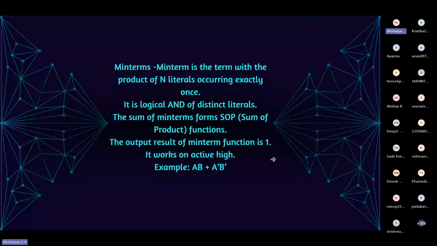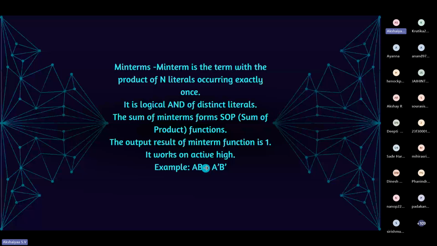Let's assume A and B are both 0. For AB, if A and B both are 0, this is going to be 0. I'm performing an OR operation, and A prime, B prime, both of them are high. The AND operation on both ones is going to be 1. So whatever combination you take for A and B, this function will always output 1 as the result. That's why this is a min term function.